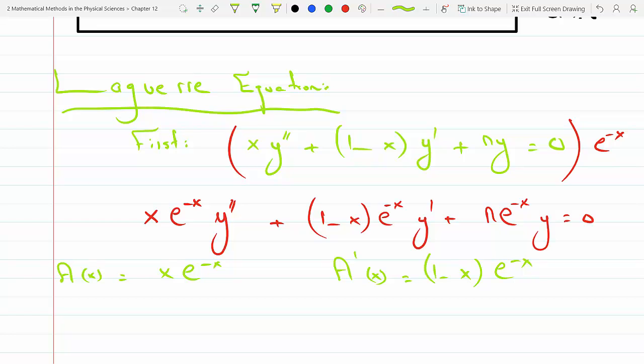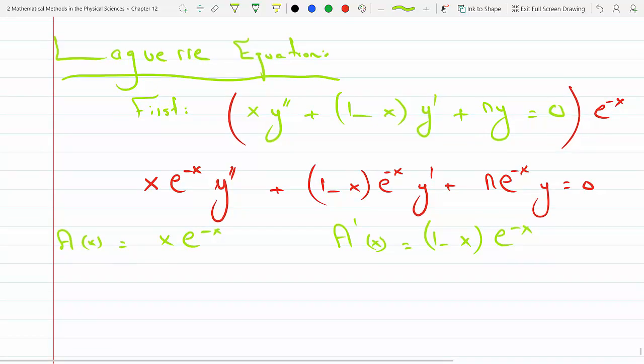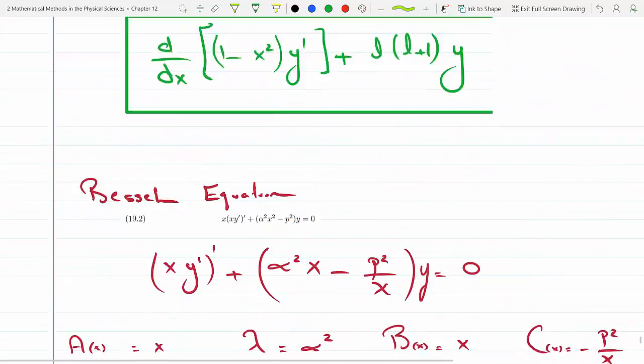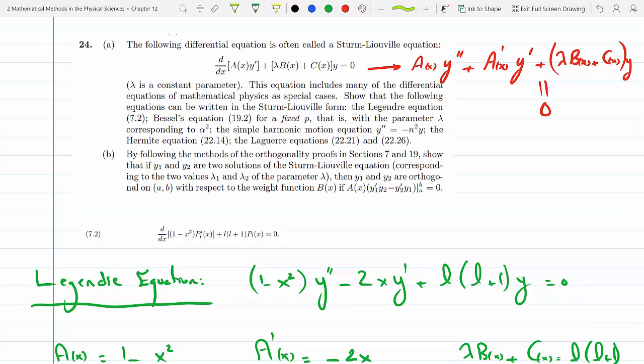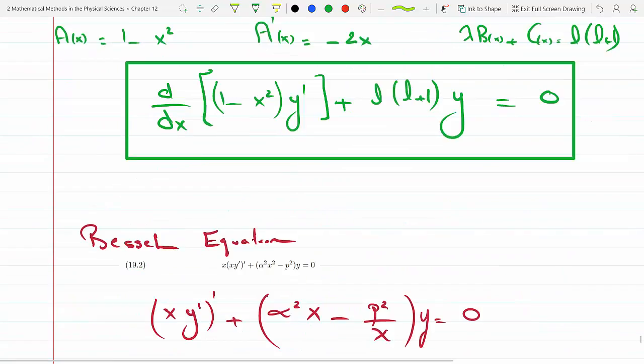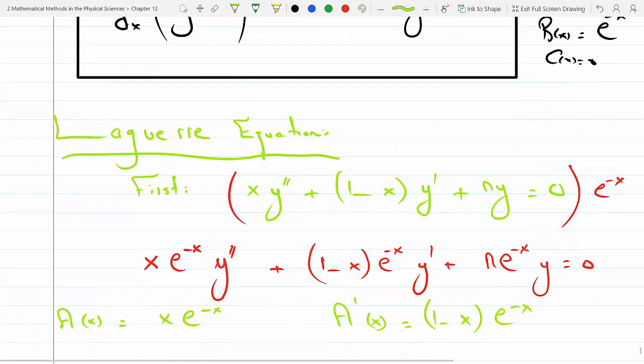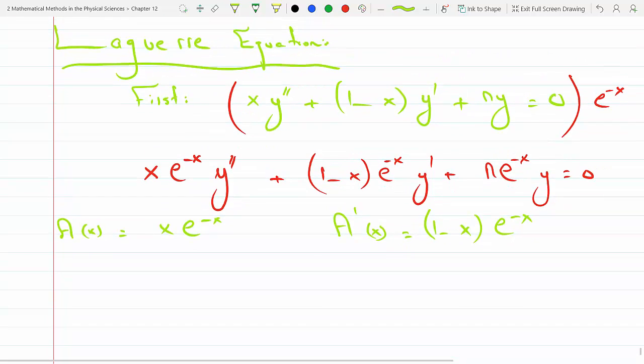Okay, so now I could put it back into the Sturm Liouville equation, right? Which is d over dx. So I could rewrite this.